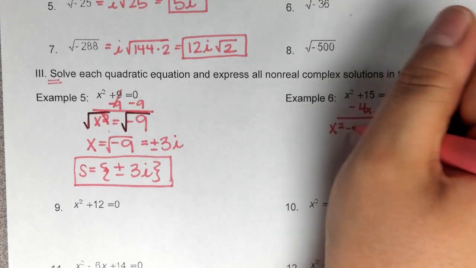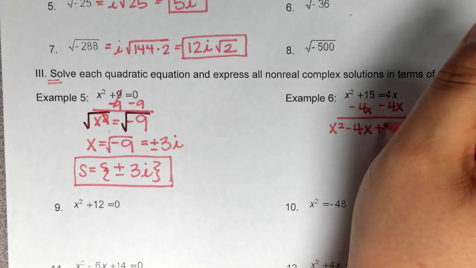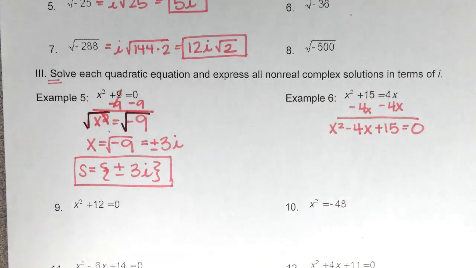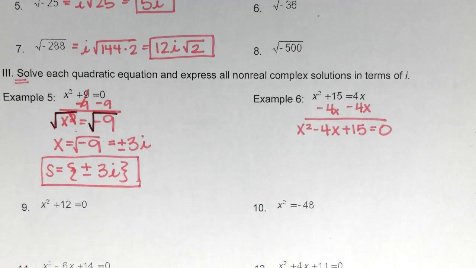Move 4 over and make it equal 0. And what am I going to do with that? Factor. Can any factor of 15 add up to 4?